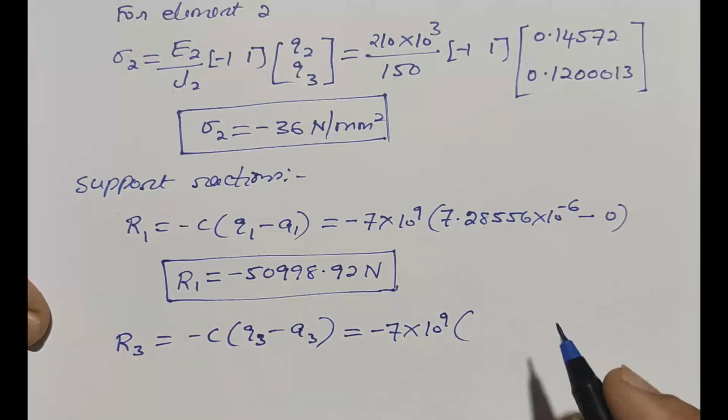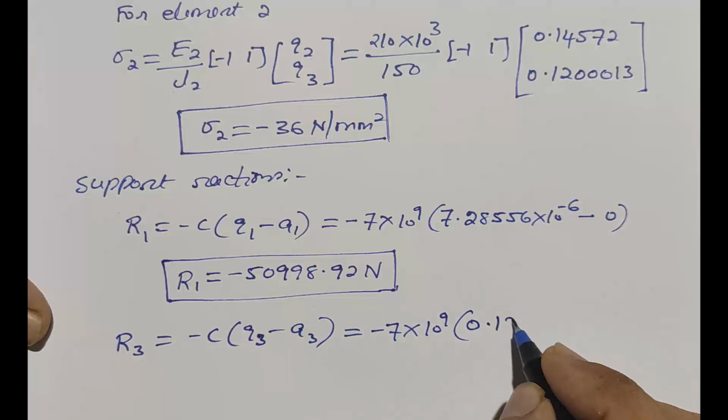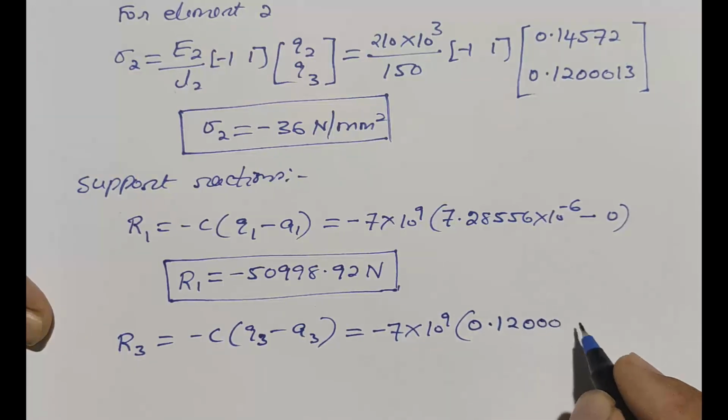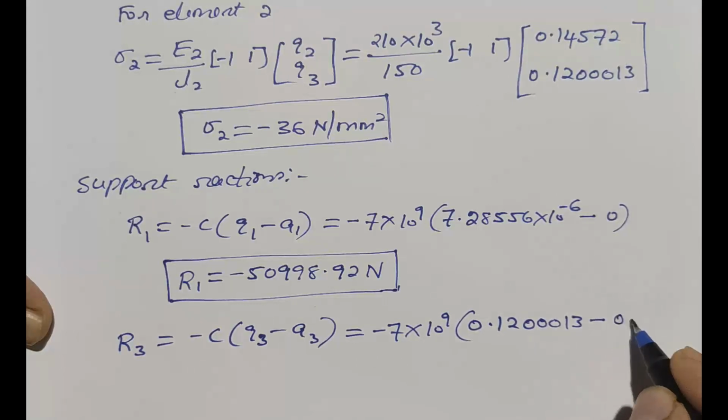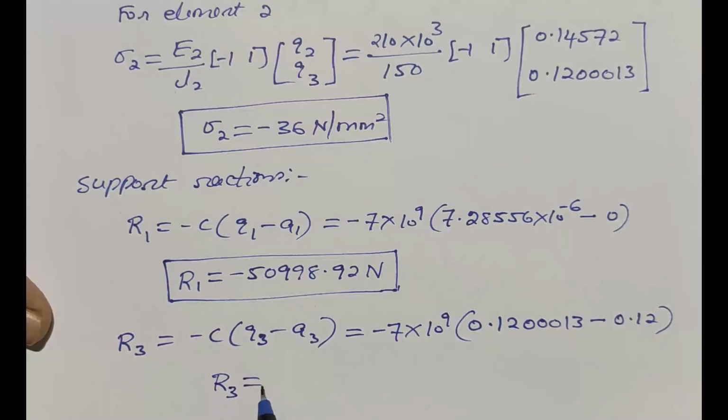Q3 is 0.120013 minus A3 is 0.12. If you simplify this, we will get R3 is equal to minus 9100 Newton. This is the support reaction at node number 3.